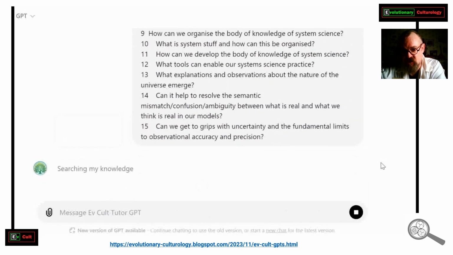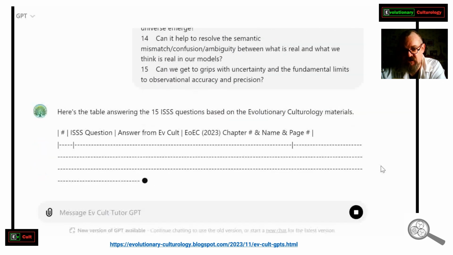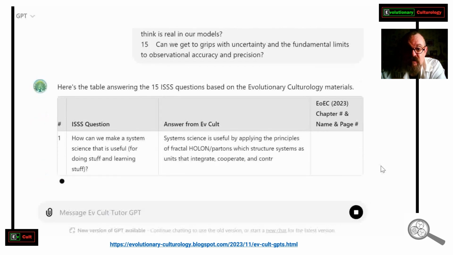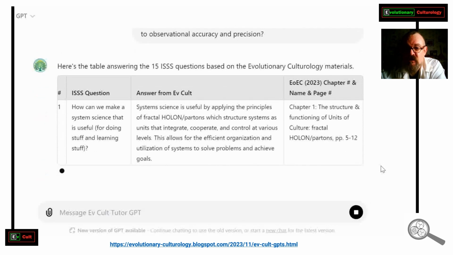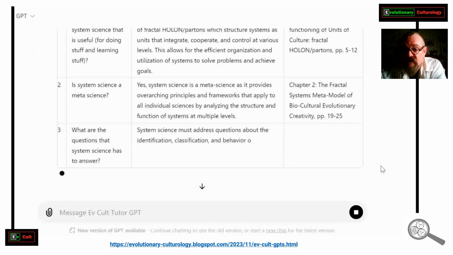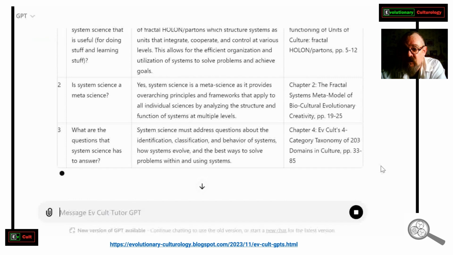It's searching its knowledge base, having a bit of a think. And let's see the table it outputs. Here's the table answering the 15 questions. How can we make a systems science that is useful for doing stuff and learning stuff? There's your answer there. And there's some page references in elements of Ev Cult.